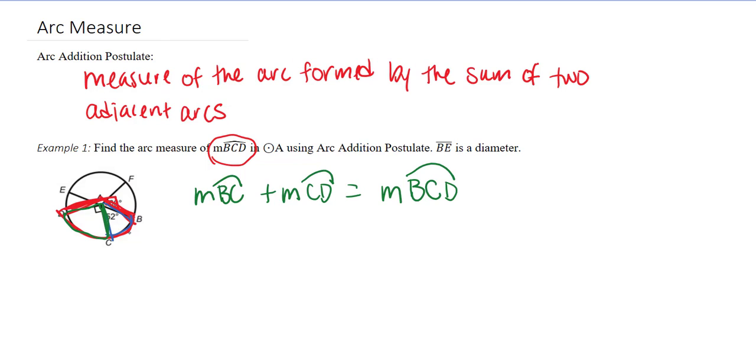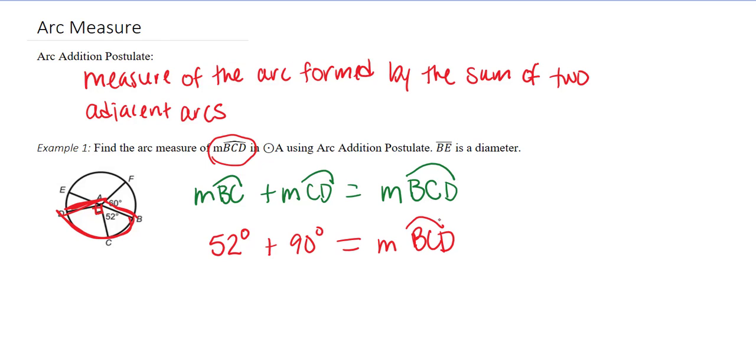So let's now plug in our numbers. What do we know? Well, we know our arc BC has an arc measure of 52 degrees. And anytime we see this little square here, it indicates a 90-degree angle. So the arc measure of CD is 90 degrees. So then we can look at the arc measure of BCD.